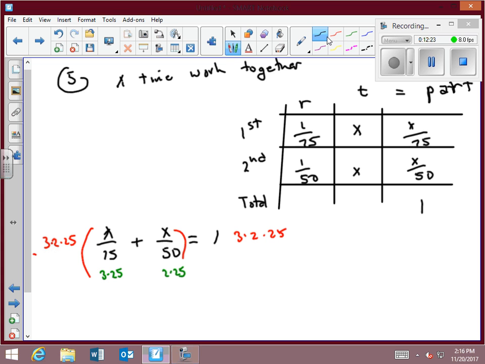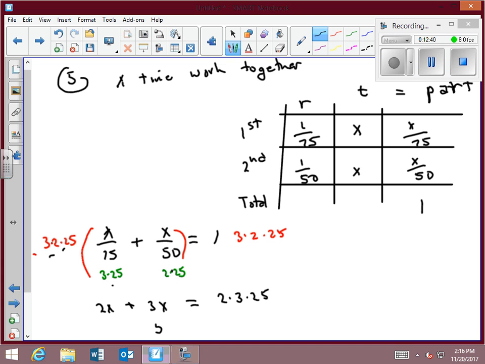So when I multiply this right here by the first one, I'll get 2x, right? Multiply this by the second one, I get 3x equals 2 times 3 times 25.